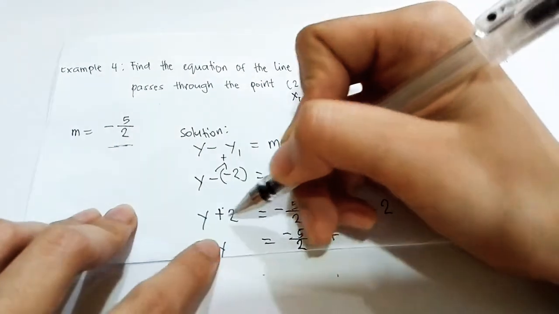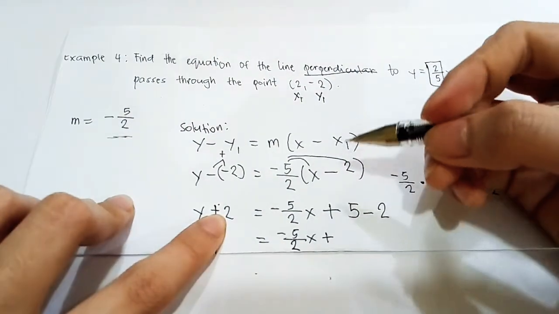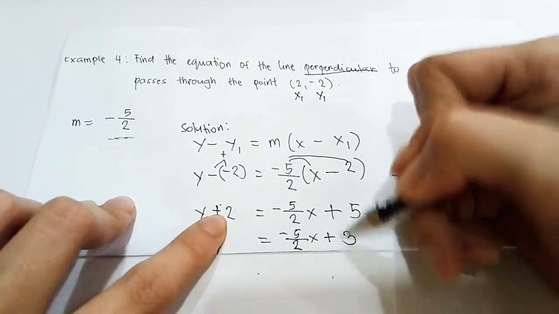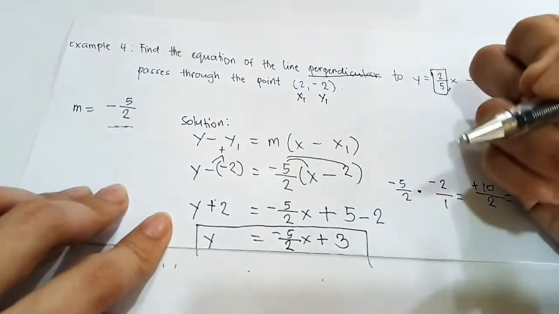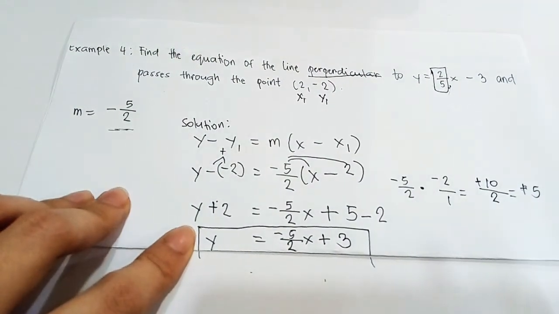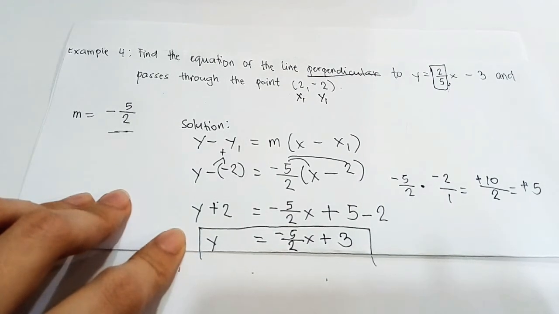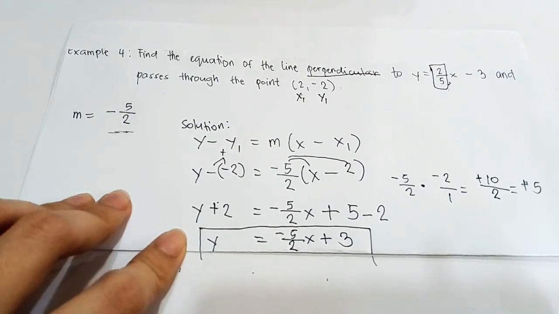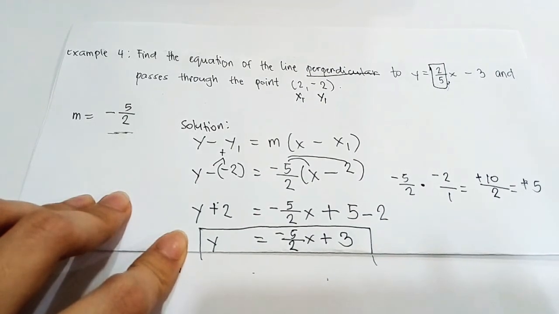So the positive 2 is gone. Now we have 5 minus 2, that is 3. Okay. Therefore, the equation of the line perpendicular to y equals 2/5 x minus 3 is y equals negative 5 halves x plus 3.